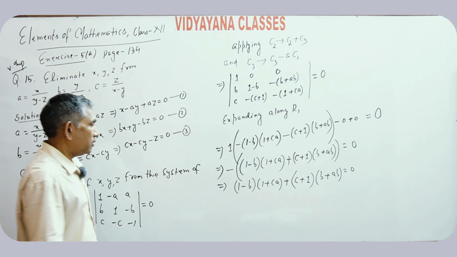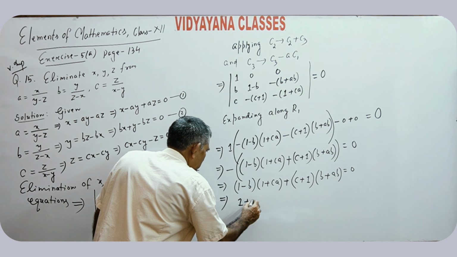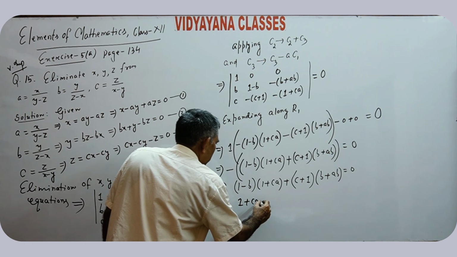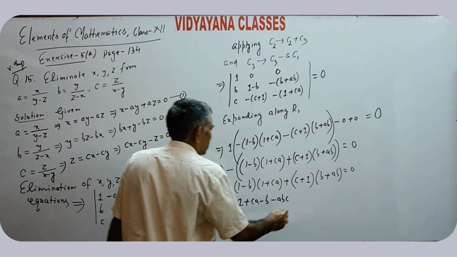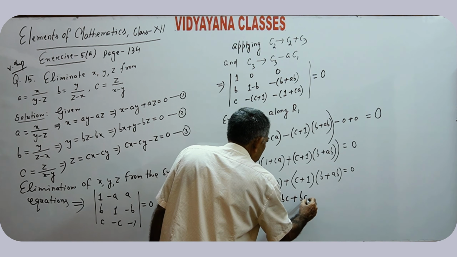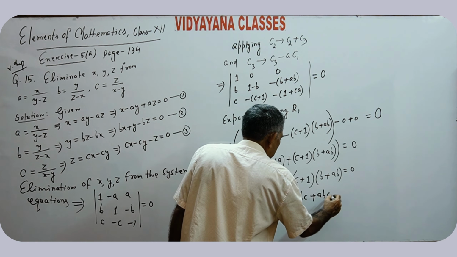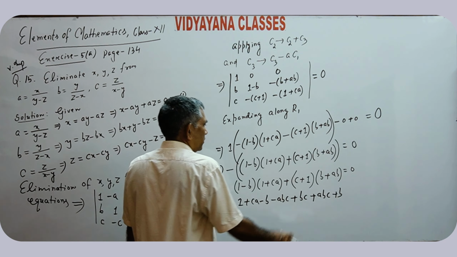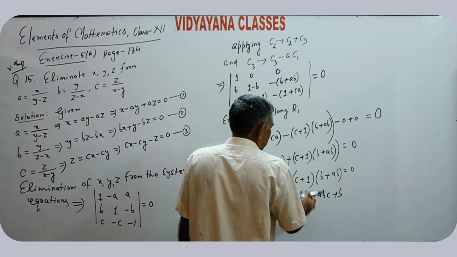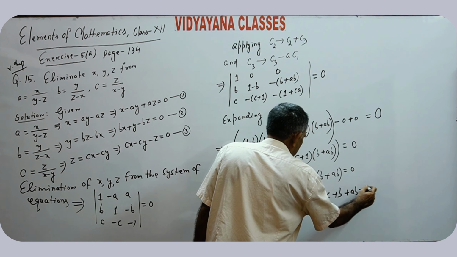Clear? Okay. Which implies 1 plus of CA minus of B minus ABC plus of BC plus ABC plus of B multiplying this and this. 1 into B, 1 into AB, that is AB, is equal to 0.